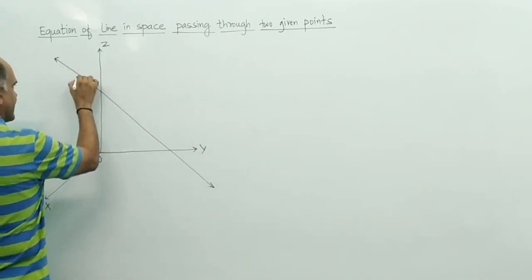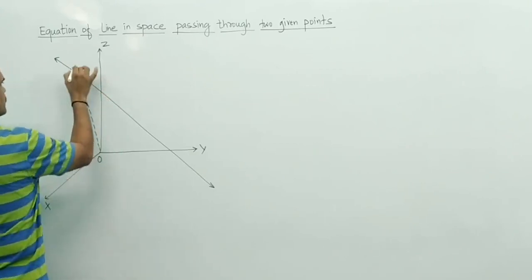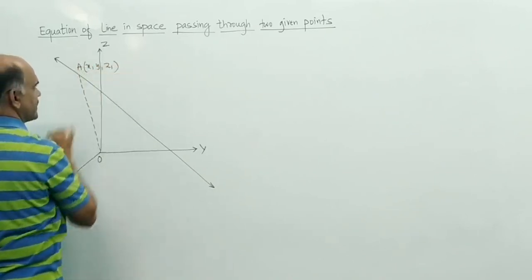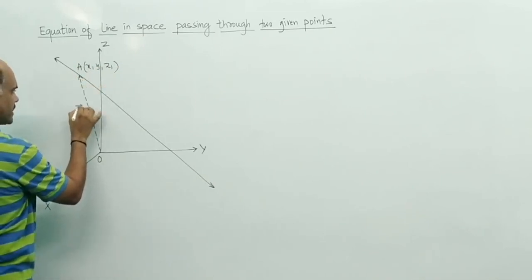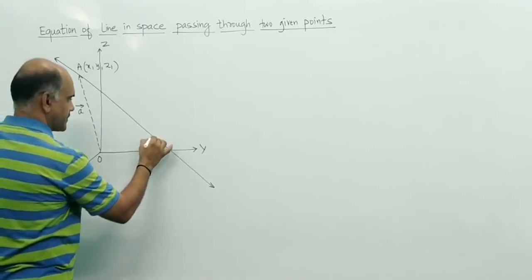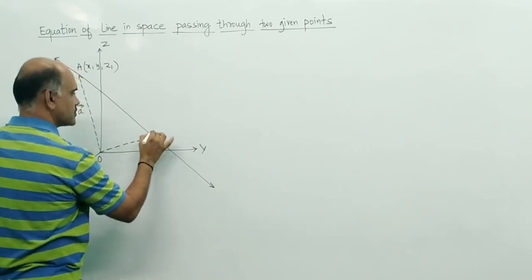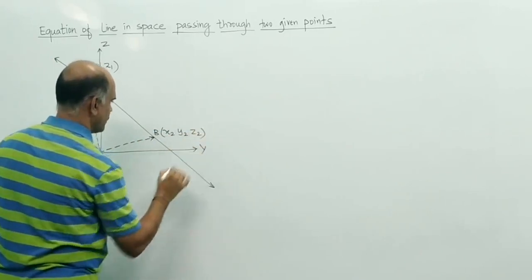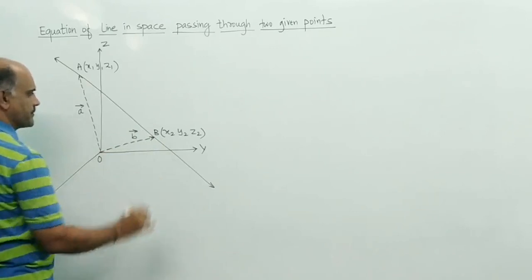One I will take as A, with coordinates x1, y1, z1, and its position vector I will take as vector A. Another point I will take as B, anywhere on this line, with coordinates x2, y2, z2, and its position vector as vector B.